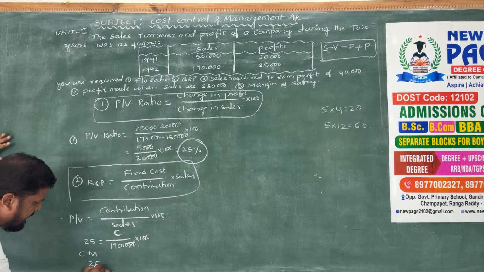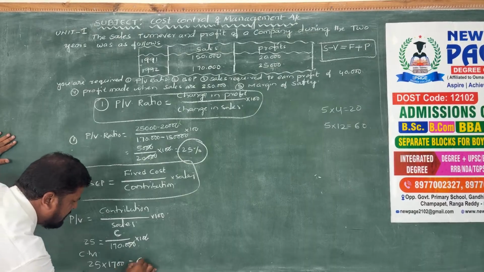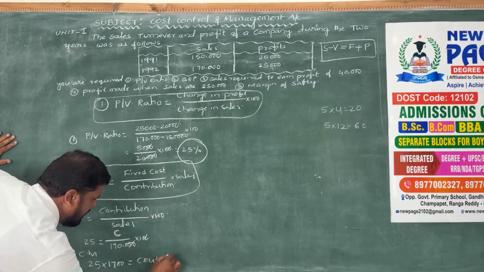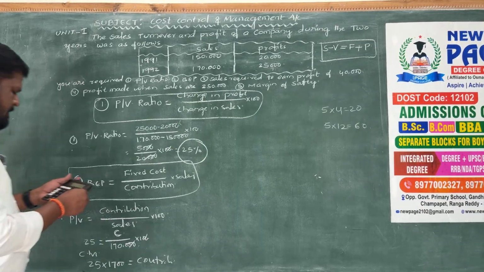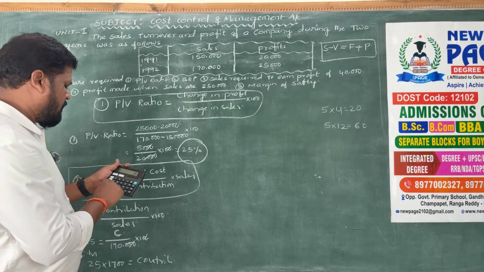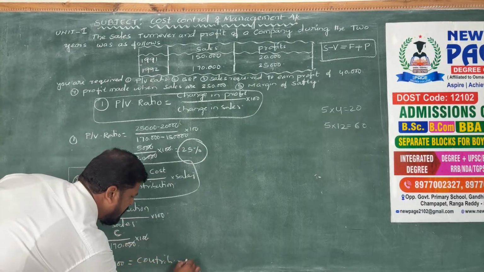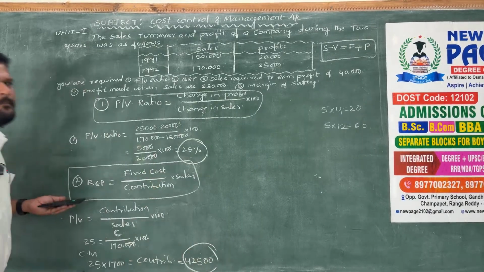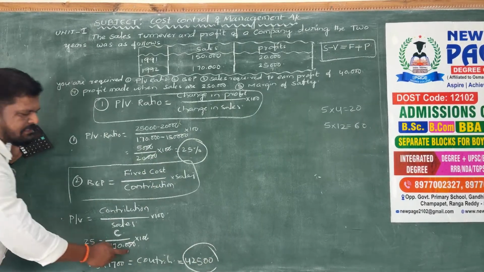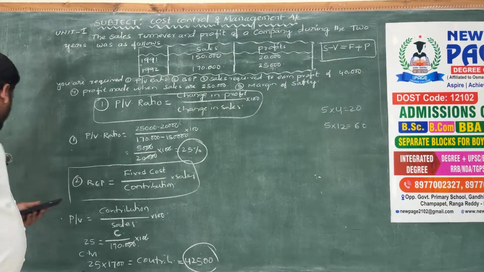Right? 25 into 1,700 is equal to contribution. 25 into 1,700 is equal to 42,500 contribution. Right? Contribution is equal to 42,500.